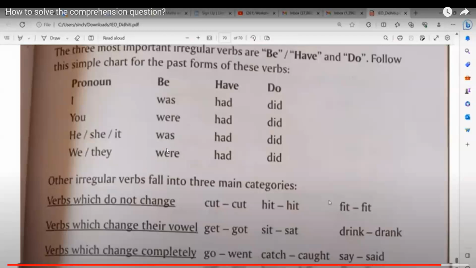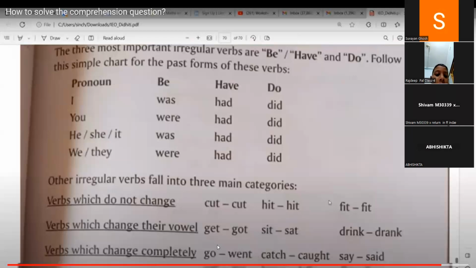Excellent, Shivam. Okay, now Rajdeep, can you give me an example with we and were? We were sailing down the river. Excellent. Can you give me an example with we and were, Shivam?